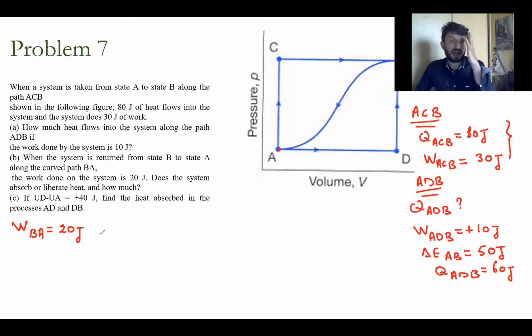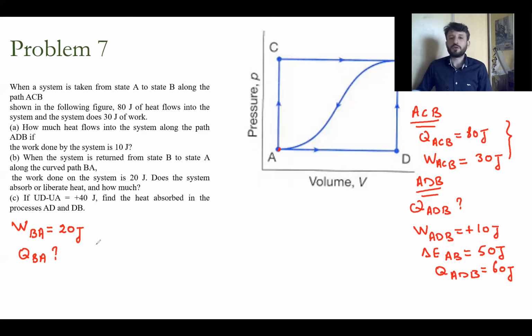Does the system absorb or liberate heat, and how much? It means we have to calculate Q BA, whether it's positive or negative. If Q BA is positive, the energy is gained or absorbed by the system. If Q is negative, the heat is liberated or released by the system. So we have to find its value.